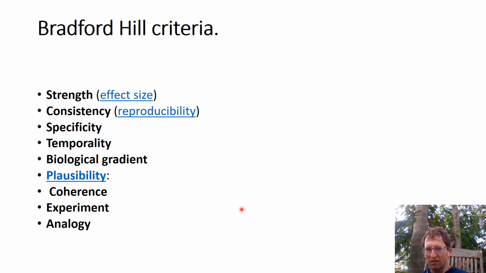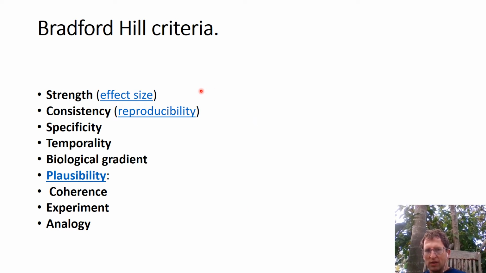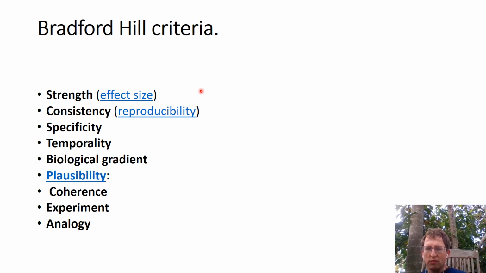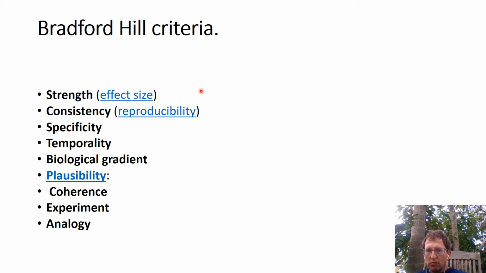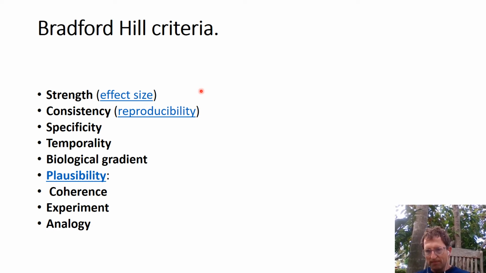So, strength of association: the higher the relative risk or the hazard ratio, or whatever your result is, the stronger it is, the more likely it is that there really is an effect between your medication or your risk factor and the outcome.